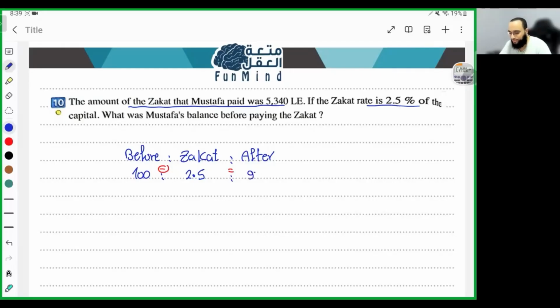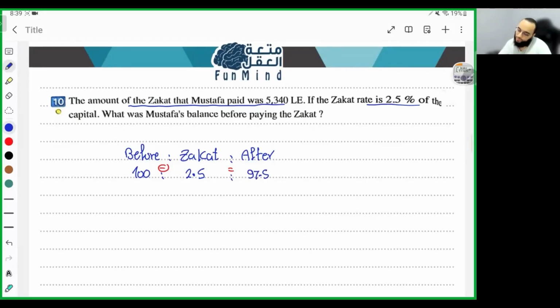It's 97.5. Is this amount before the zakah or the zakah itself? It's the zakah itself. The amount of zakah that Mustafa paid was like that, so this is the zakah itself. He is asking about the capital, which is before.